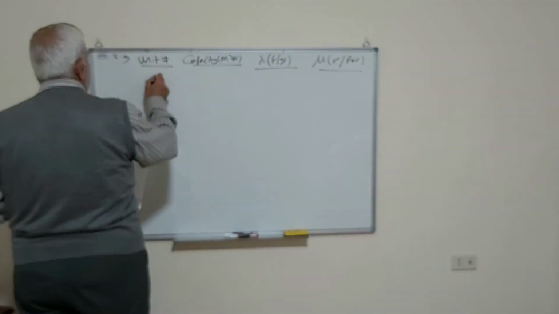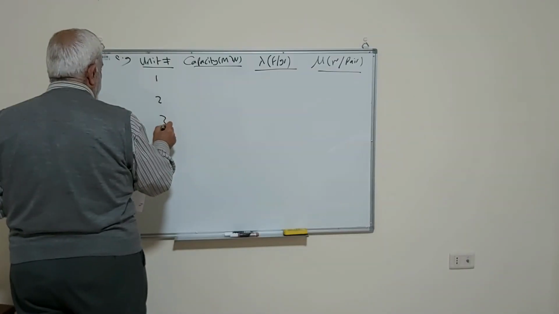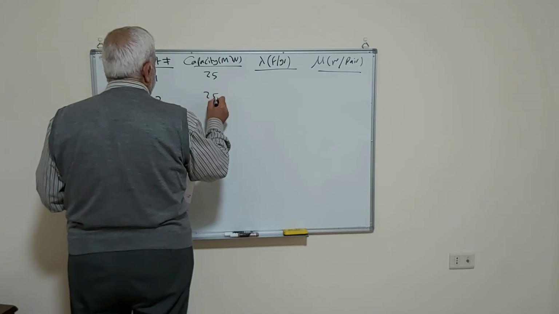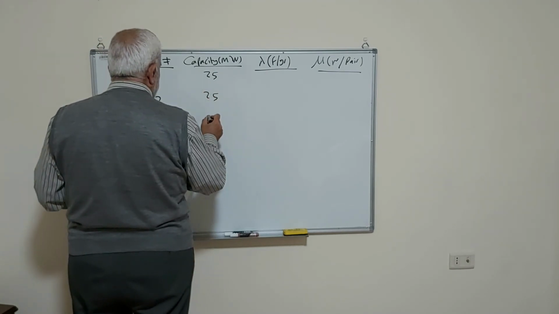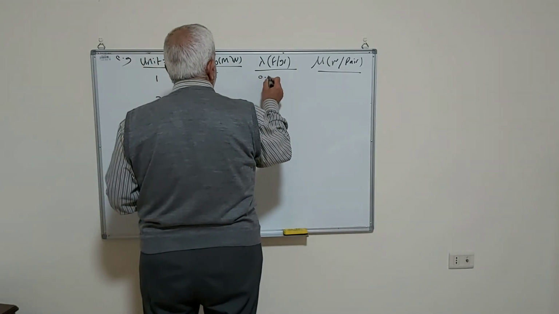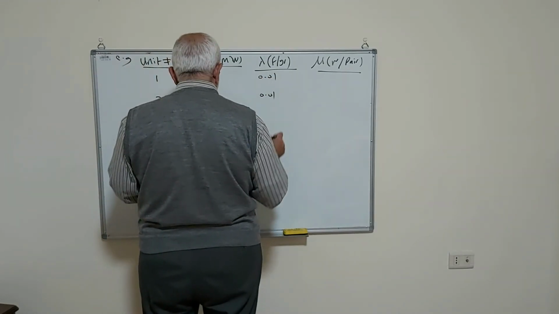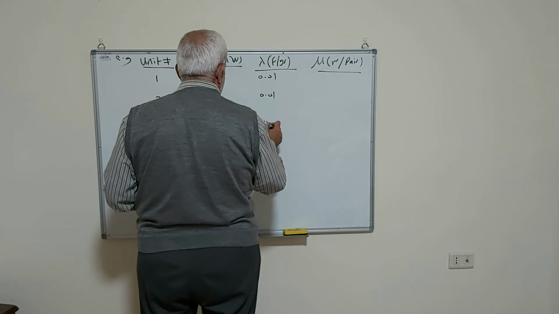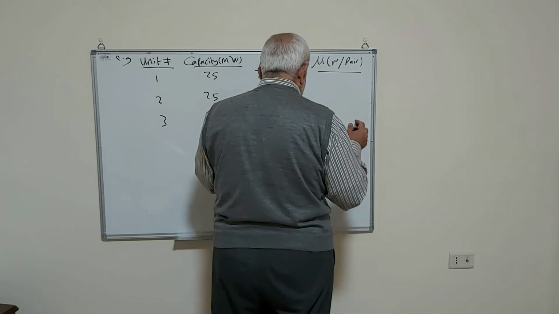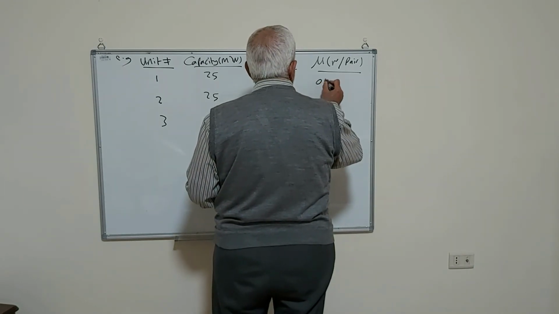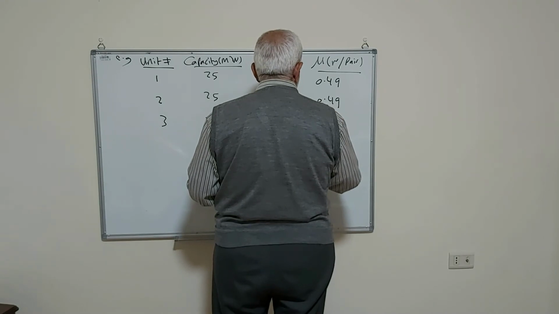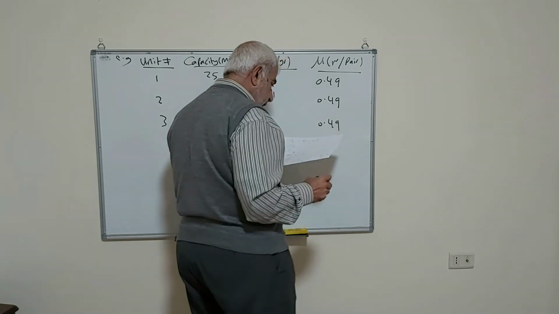We have units 1, 2, and 3. Capacity 25, 25, and 50. And failure rate 0.01, 0.01, and 0.01. And we have the repair rate 0.49, 0.49, and 0.49.